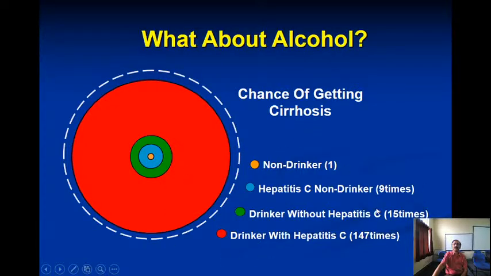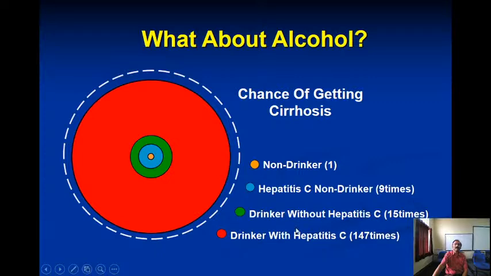This is a study which was done, which says what are the chances of a person getting cirrhosis. So a non-drinker, if you take it as 1, the chances of him getting it is 1. If he has hepatitis C but is a non-drinker, the chances are 9 times more. If he is a drinker with hepatitis C, it is 15 times.